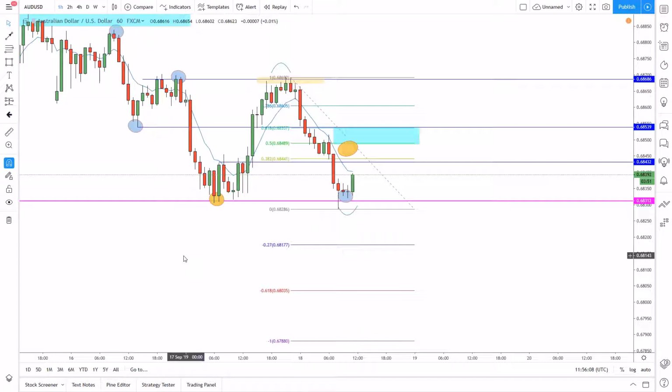So that's AUDUSD, guys, and I hope I clarified how to break down a pair by studying price, by identifying your reversal candles, and also using fibs as well, and the importance of always taking trades after candle closes.